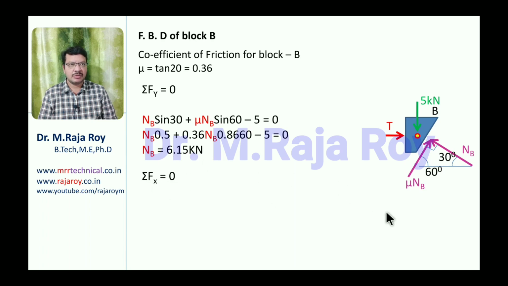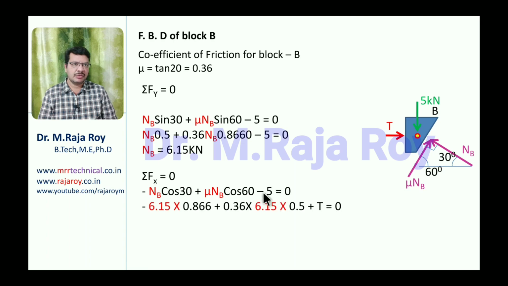Take sigma Fx equal to 0. Then this T is acting towards positive x. Then mu NB cos 60 is towards positive x. NB cos 30 is towards negative x. So minus NB cos 30, that is negative, mu NB cos 60, that is positive, plus T you will get.